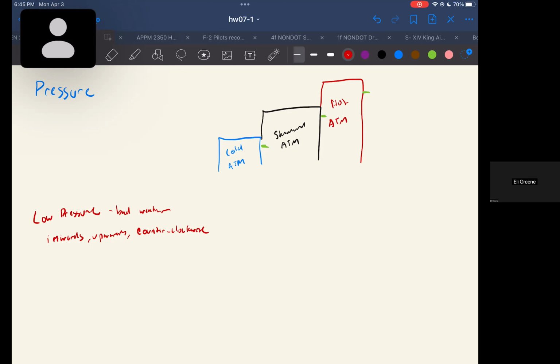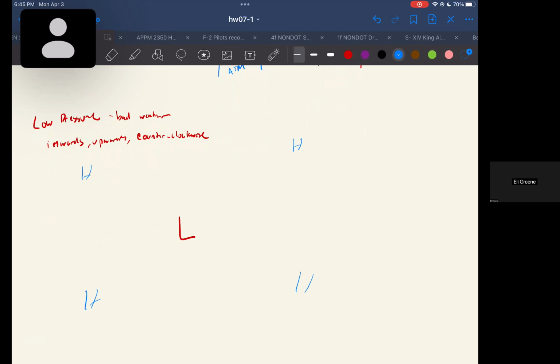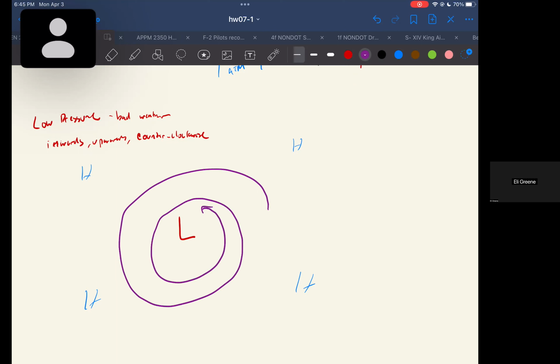The thing that we're trying to understand here is you have a low pressure area, and you have high pressure air out here. Due to an effect called the Coriolis effect, which we're not going to get into too much, the air will spiral around this low pressure, like so.